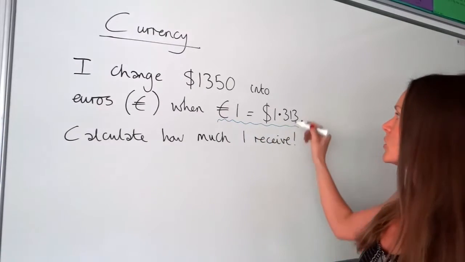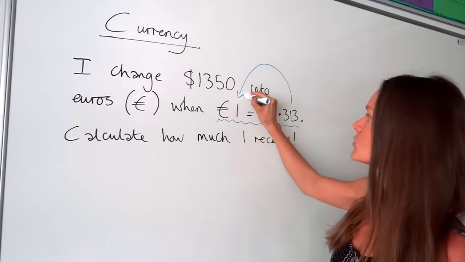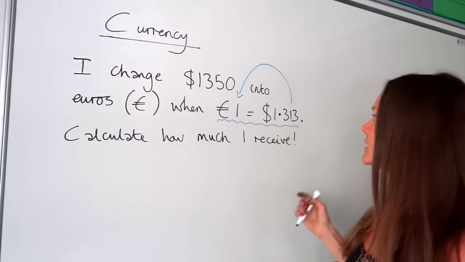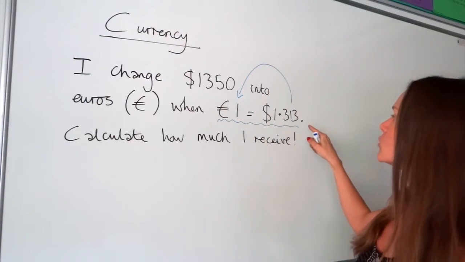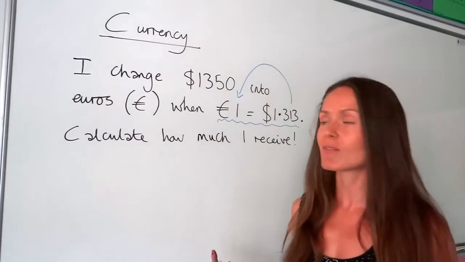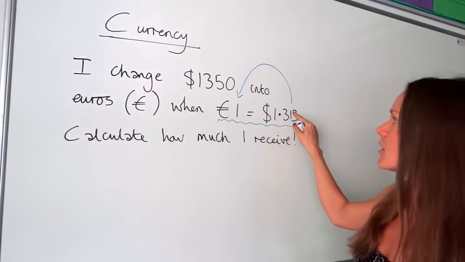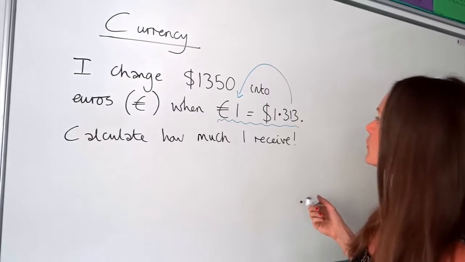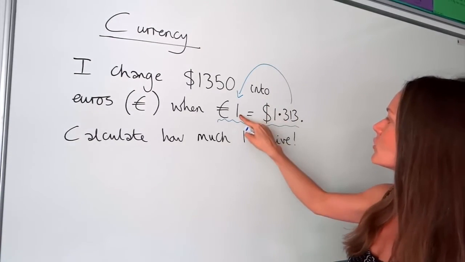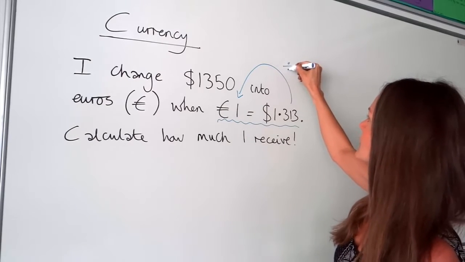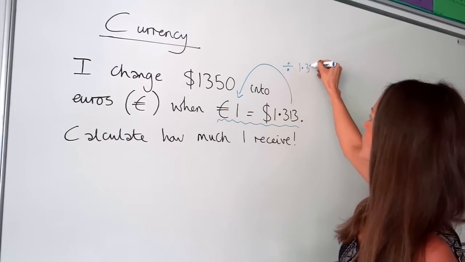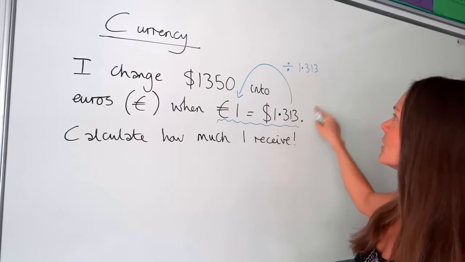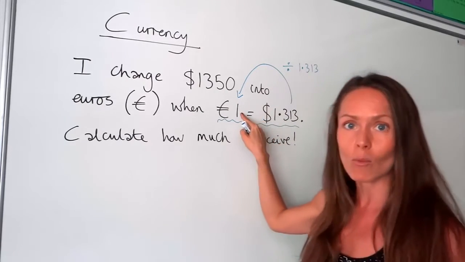So in this question, we're changing dollars into euros. I need to work out whether I'm going to be multiplying or dividing by this number here. We've really got a 50-50 chance of getting this question right. To get from this number to the number 1, I have to divide it by itself, because whenever you divide a number by itself, you always get 1.